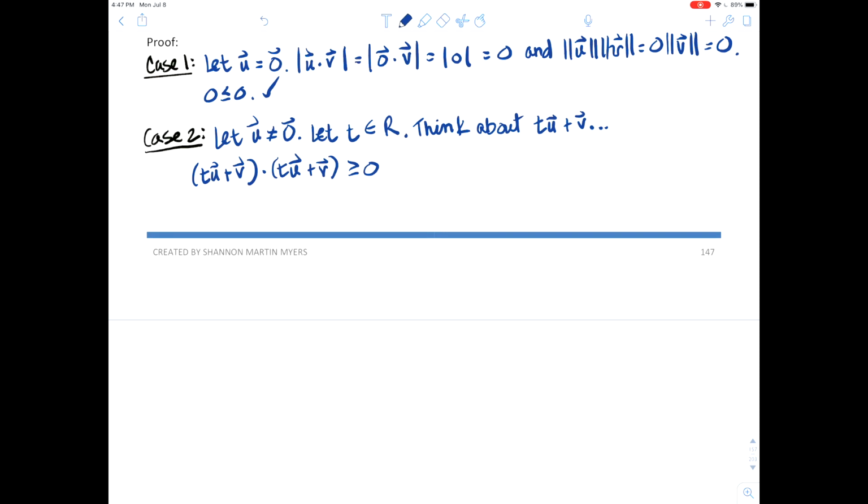This would be t times u dot t times u, plus t times u dot v, plus v dot t times u, plus v dot v. Cool so far? And we know that this has got to be greater than or equal to 0.